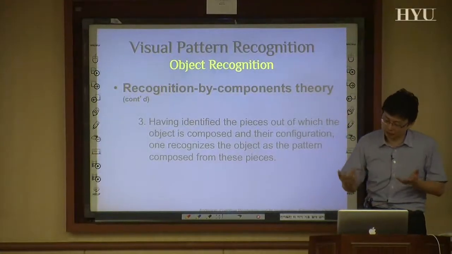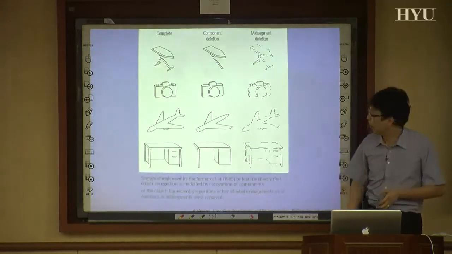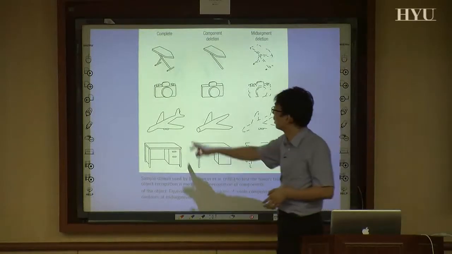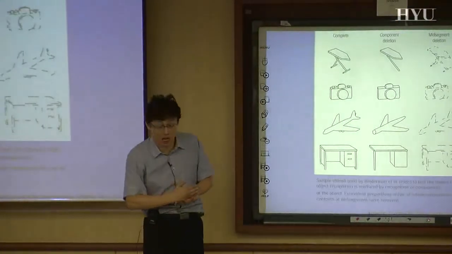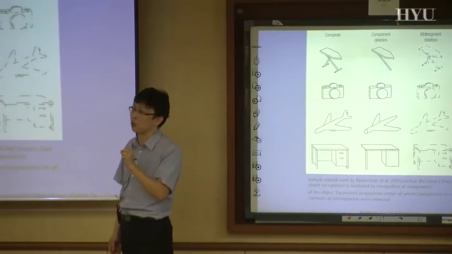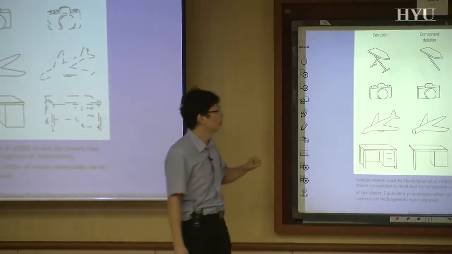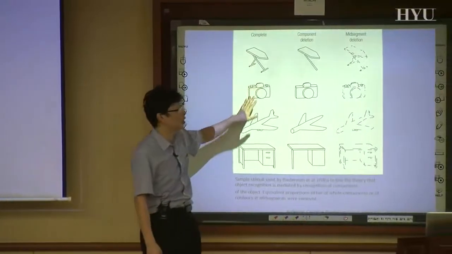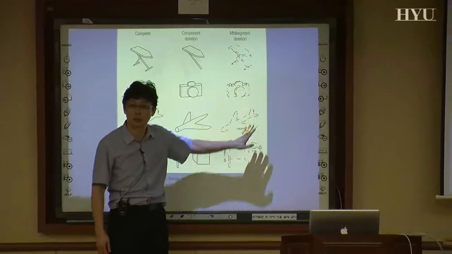Okay, and then they make some suggestion or theory. Following up on this, Biedermann made an experiment to support what he thought is right. If the component theory is right, if his theory is right, when they recognize the complete object, which one is better perception?